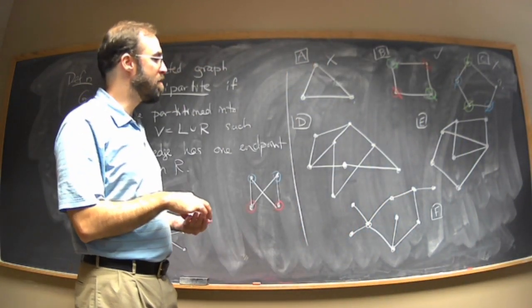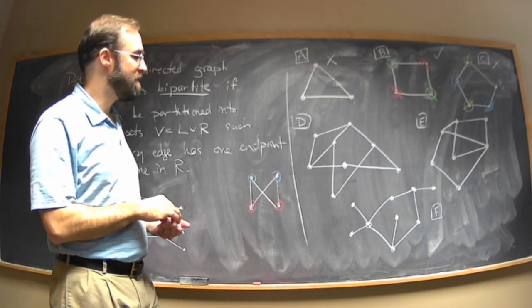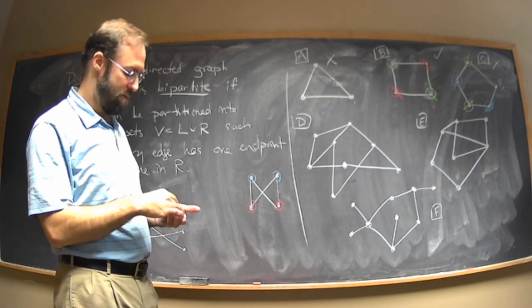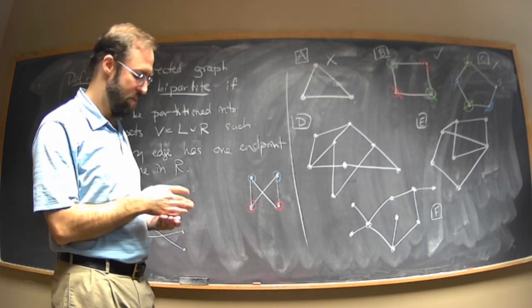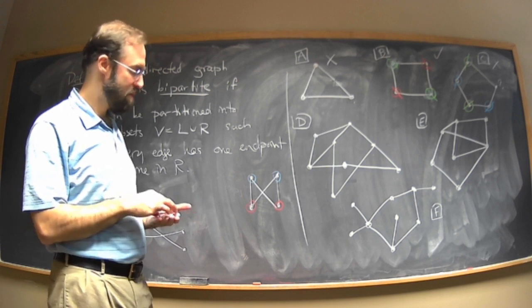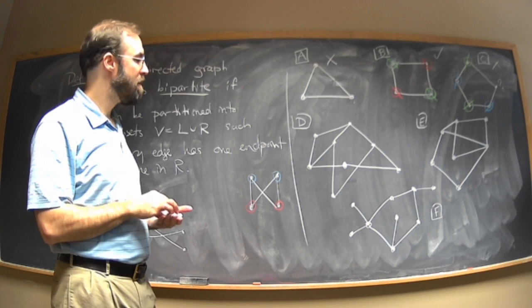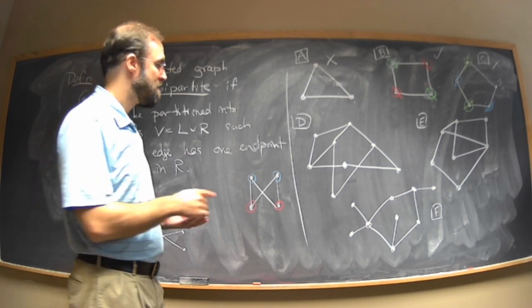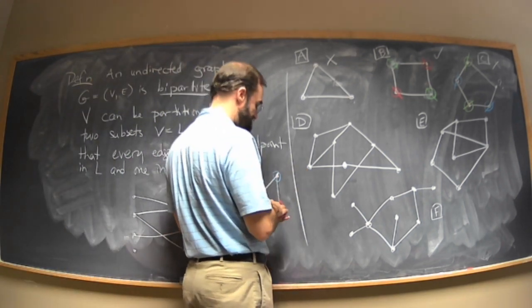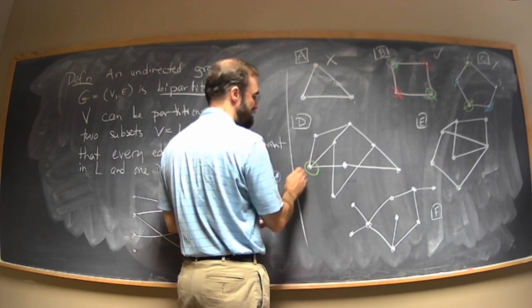All right, group O. What do you think about graph D? For group O, we didn't explicitly say it, but going with the theme, you can start at the leftmost vertex and label that whichever color you want, or no, the one above. Okay.